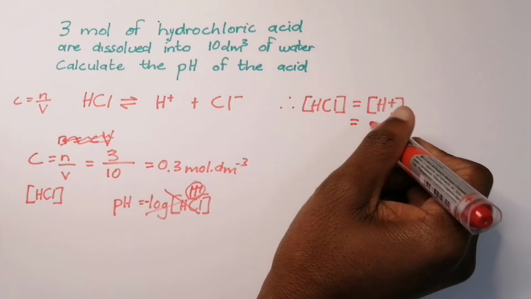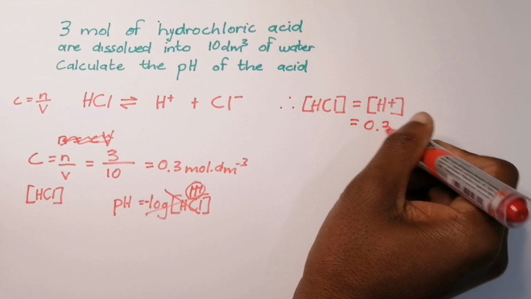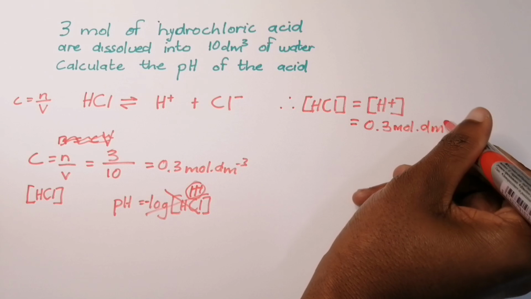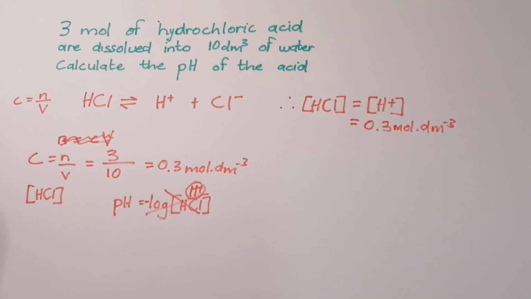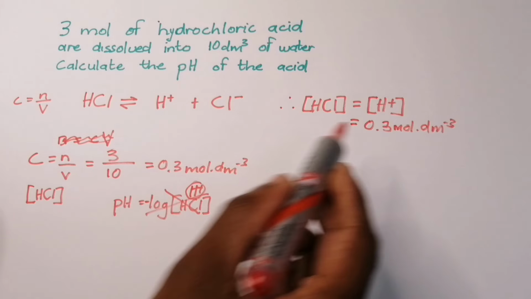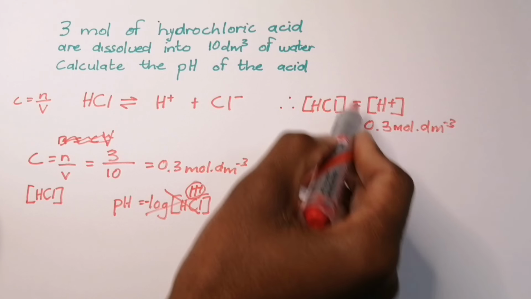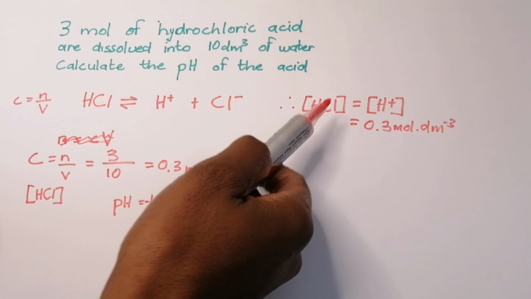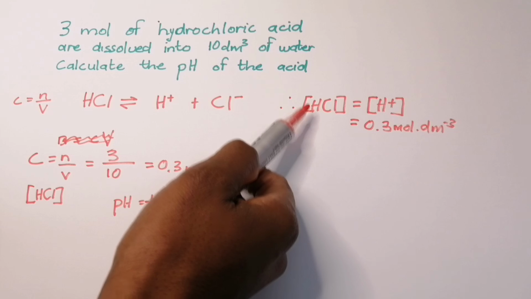We said that concentration is 0.3 moles per cubic decimeter. Now that I have the concentration of H plus, can I now calculate the pH? And yes, we can. Please remember, you are not to calculate pH based on the concentration of the acid.